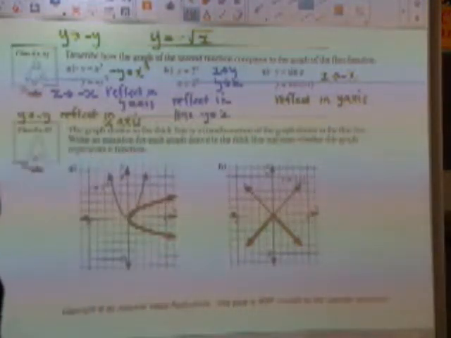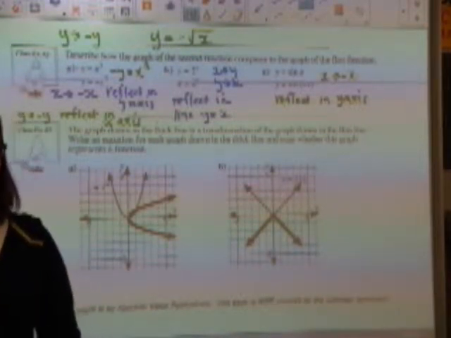Okay. So in C, you're given two equations. The thick line is a reflection of the graph in the thin line. And the question is, what is the equation of this transformed function? So if I look at A, I want to identify what's the reflection line.